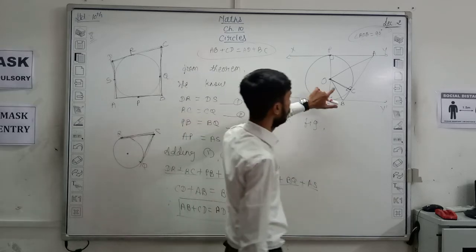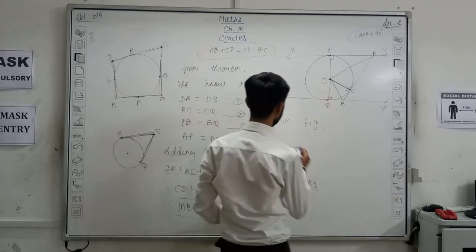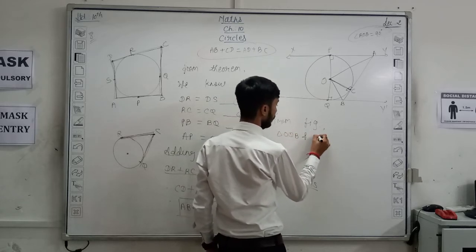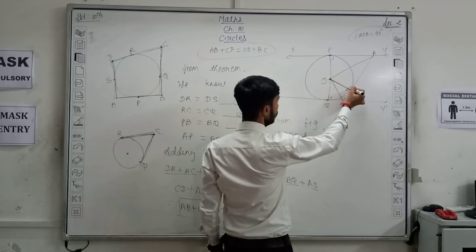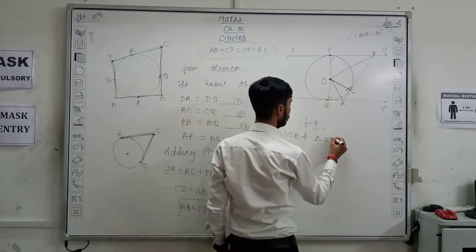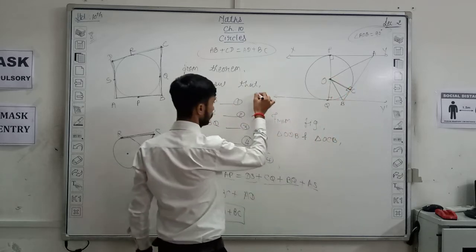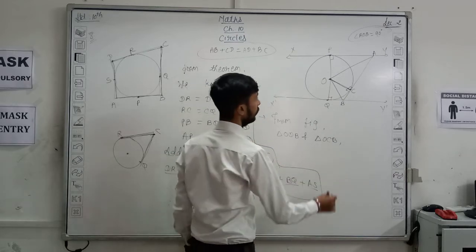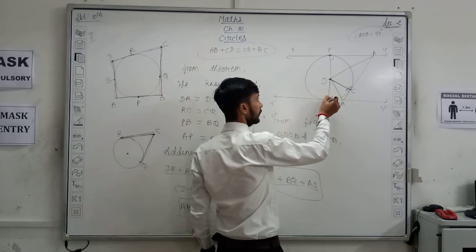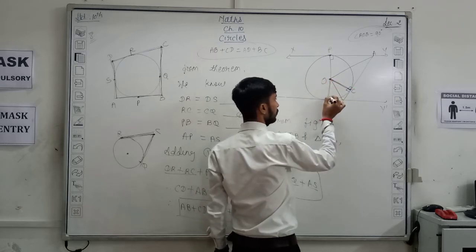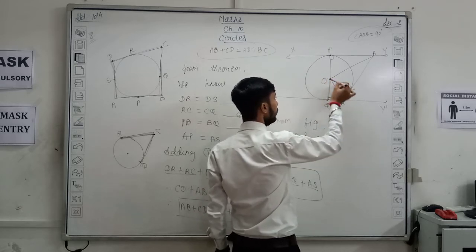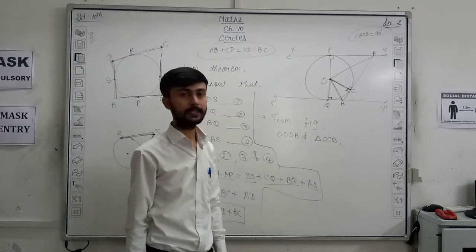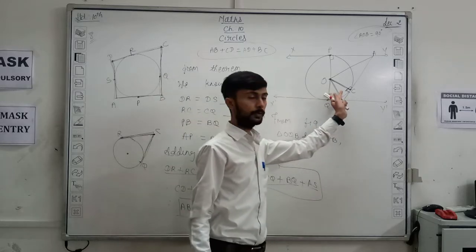Thereafter in triangle OQB and triangle OCB, you can see both are congruent to each other. How? See, this is the radius, right angle, and common side, that is hypotenuse. So by RHS these two triangles are congruent, right?